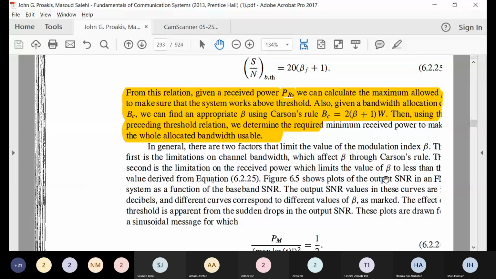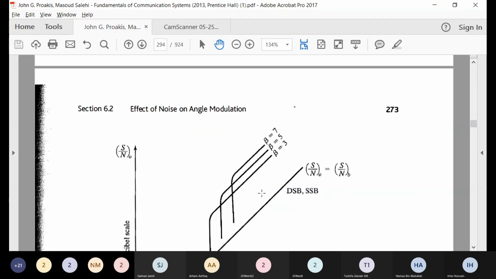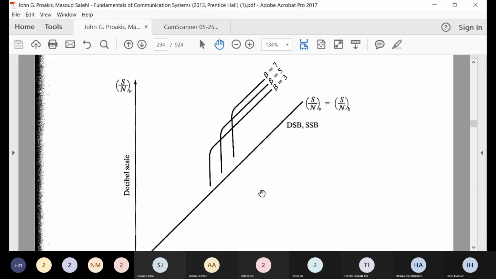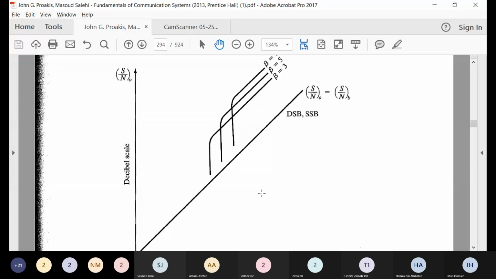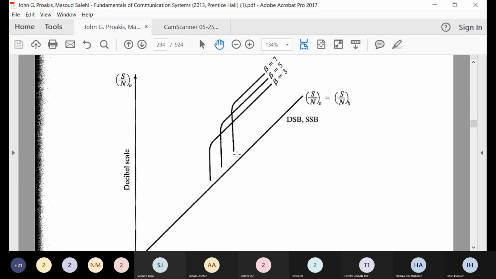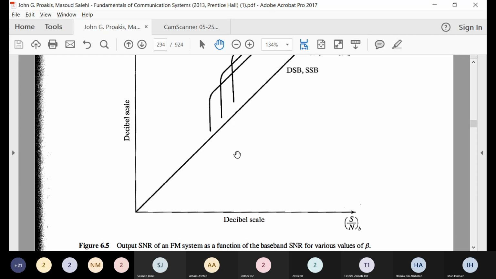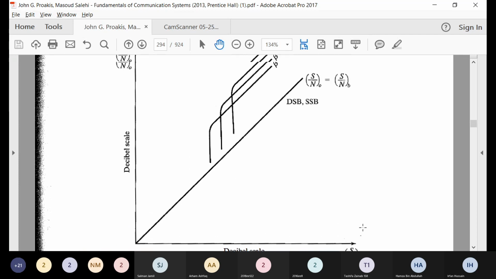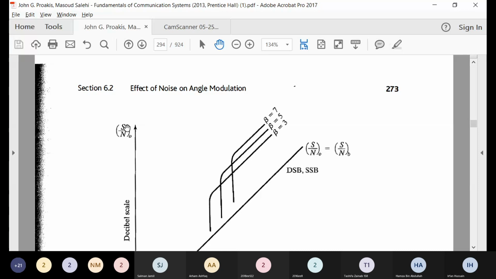So figure 6.5 shows this relationship. You could see here this is the signal to noise ratio for various values of beta, and you could see here that if you increase the signal to noise ratio at the baseband level, the signal to noise ratio at the output is generally increasing.